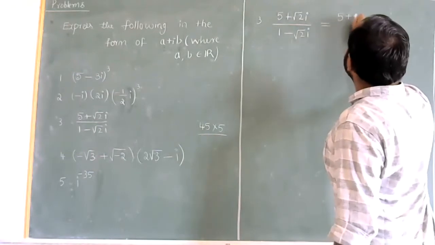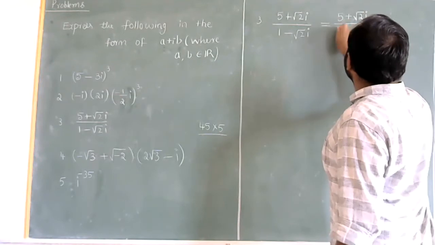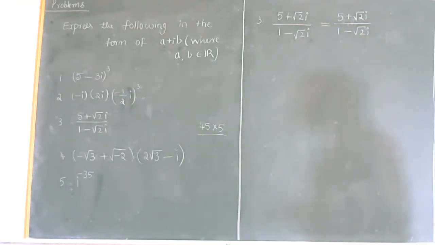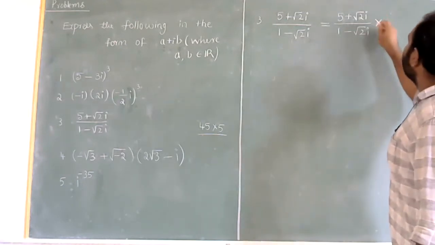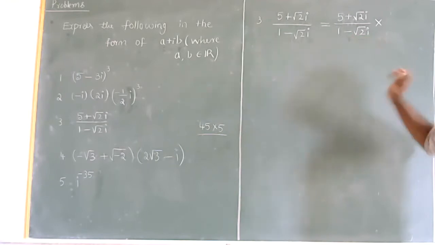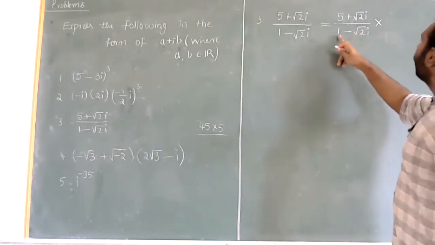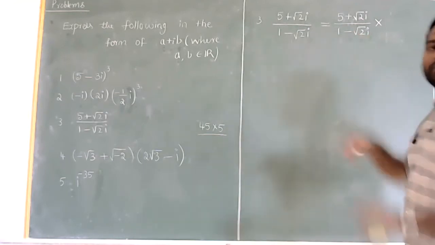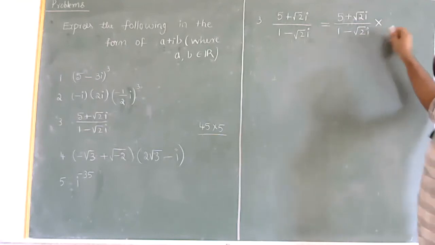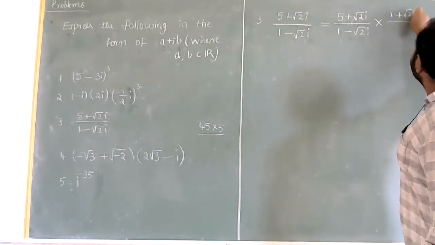We have (5 plus root 2 i) by (1 minus root 2 i). Just to eliminate i, we'll multiply and divide by the conjugate of the denominator complex number. The conjugate of 1 minus root 2 i is found by negating the imaginary part, so its conjugate will be 1 plus root 2 i.